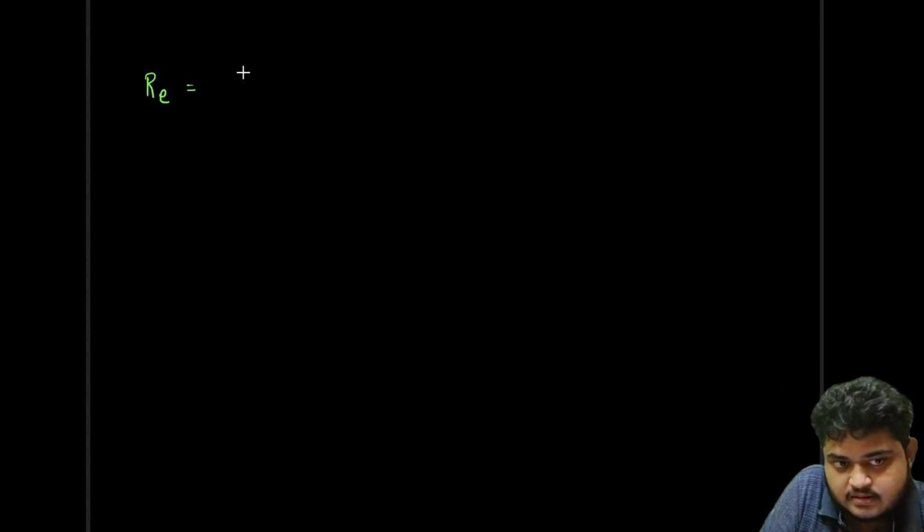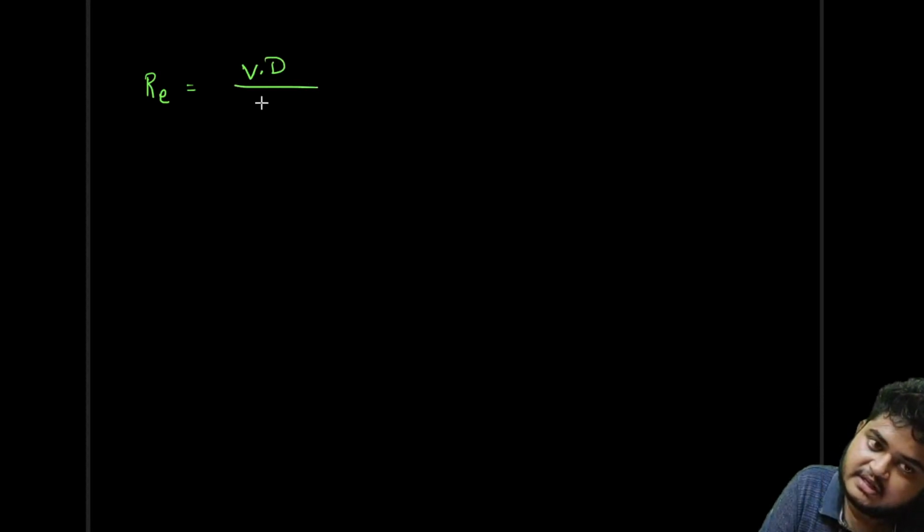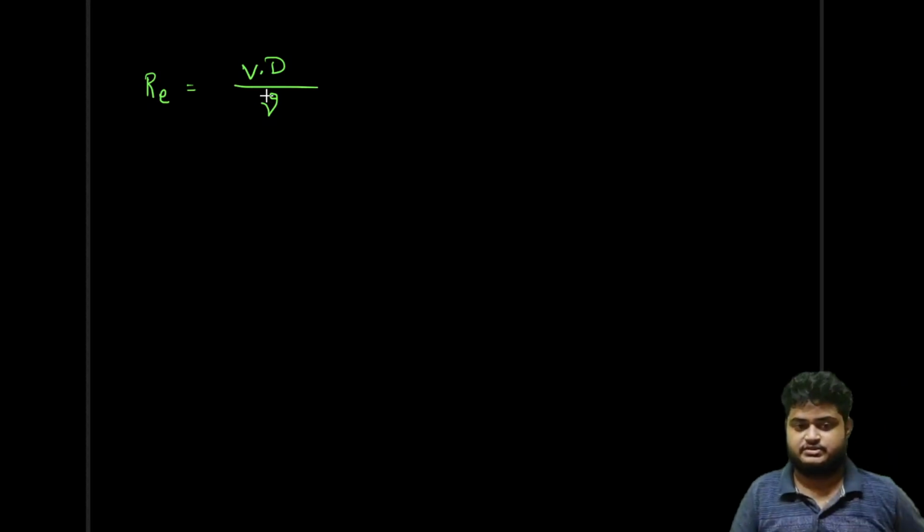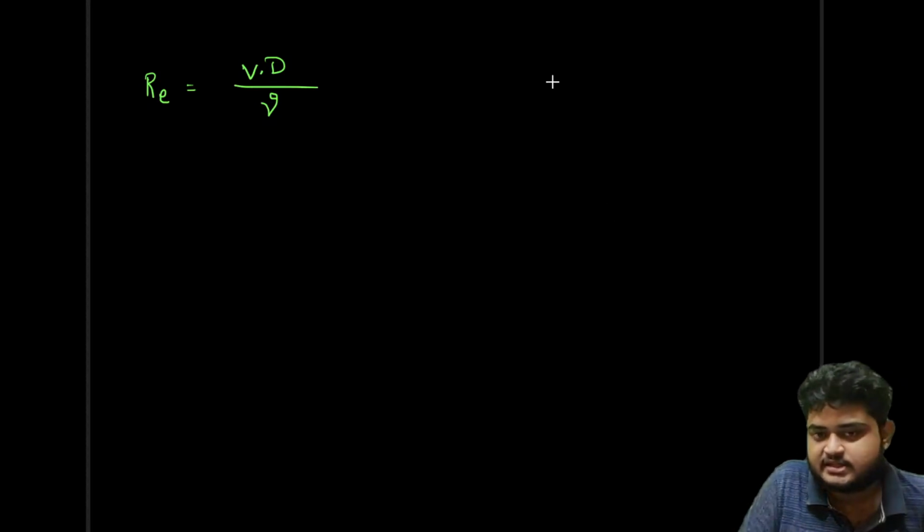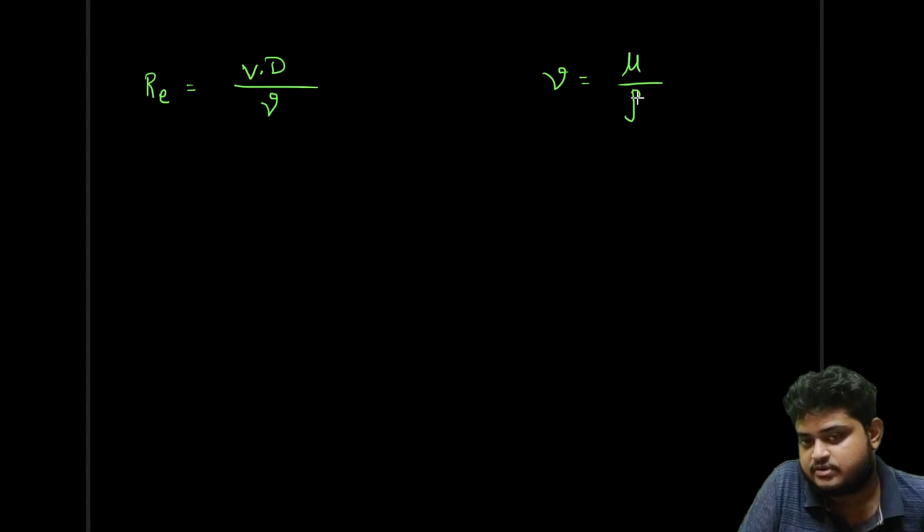Okay, so the Reynolds number is velocity times diameter upon kinematic viscosity. So we have to calculate here the kinematic viscosity, which is dynamic viscosity upon the density.